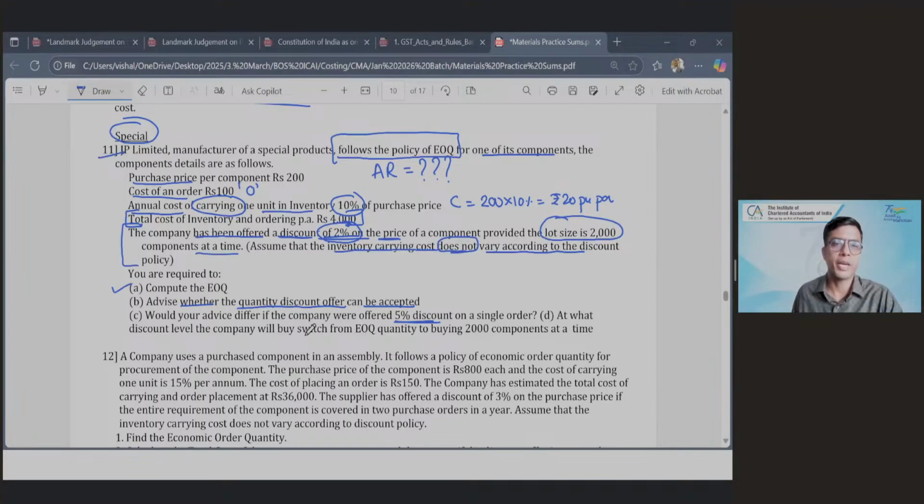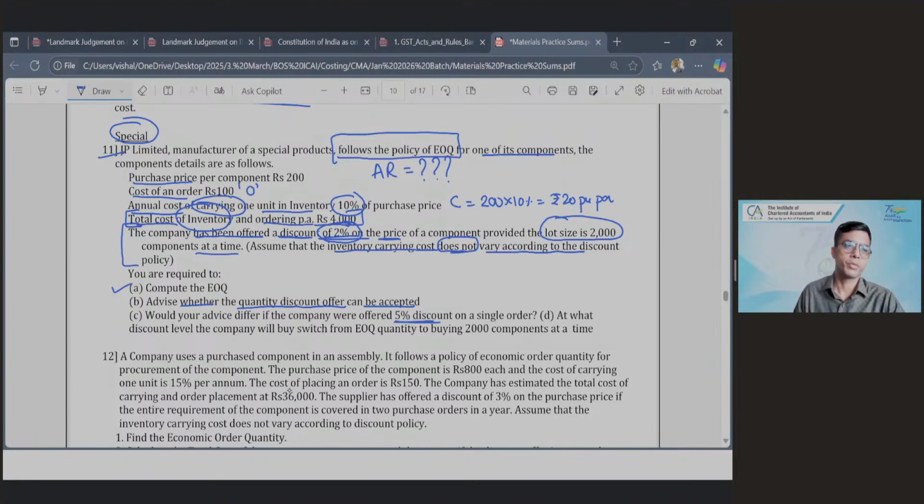Pratiksha has given me the right answer. What is this right answer? See this, you are given something different for the first time in the question. What is this something different? Total cost of inventory and ordering is rupees 4,000. Till now, we were never given this.